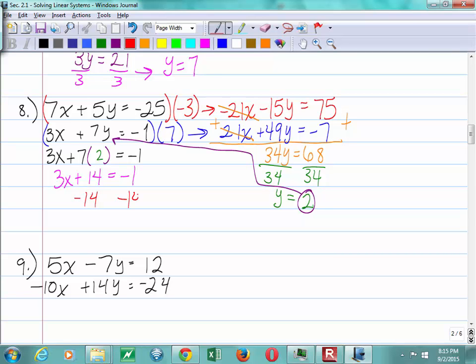Subtract 14 from both sides. So 3x equals negative 15. Divide both sides by 3 and get x is equal to negative 5. So then I'm just going to write my solution as an ordered pair, x comma y. So that's going to be negative 5 comma 2.